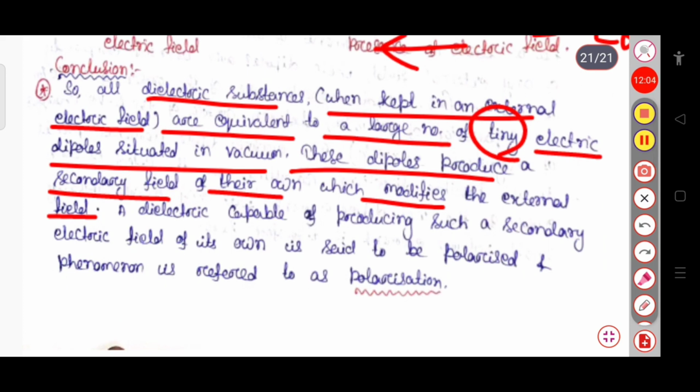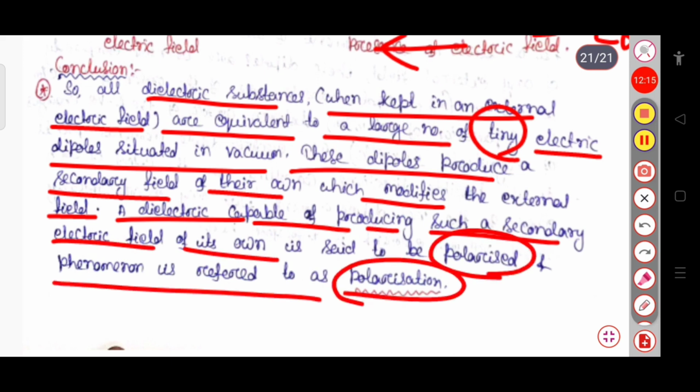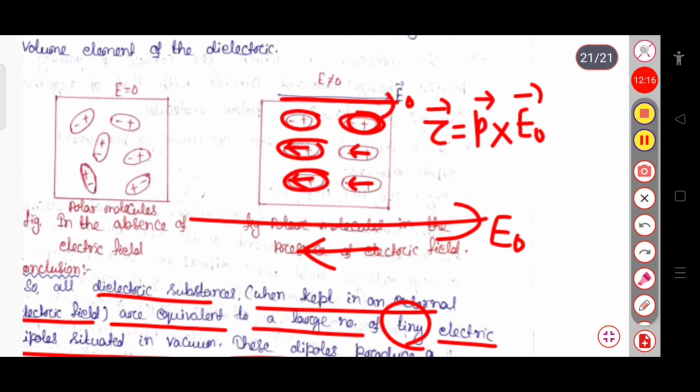A dielectric capable of producing such a secondary electric field of its own is said to be polarized, and this phenomenon is referred to as polarization. Here the secondary electric field means the electric field experienced by the electric dipoles individually, that is, the induced electric field.